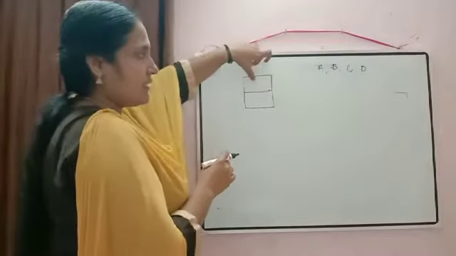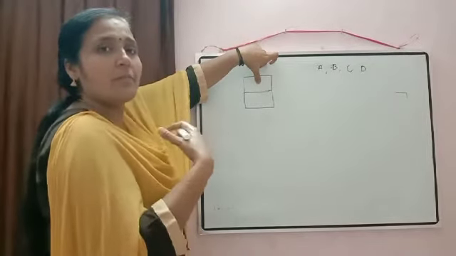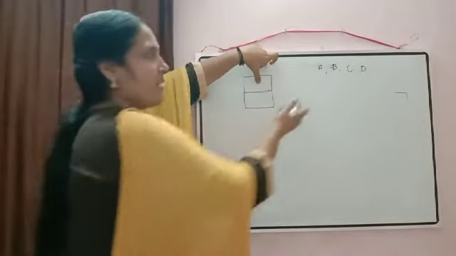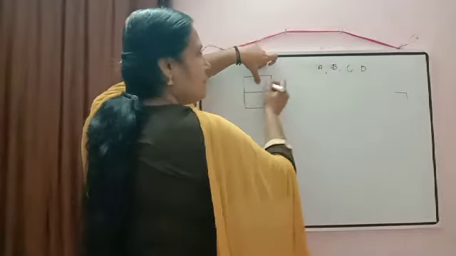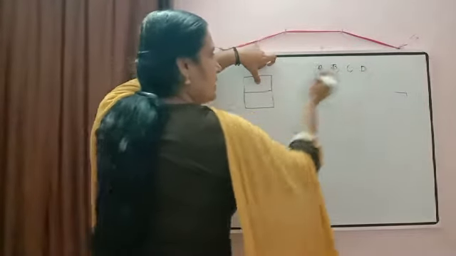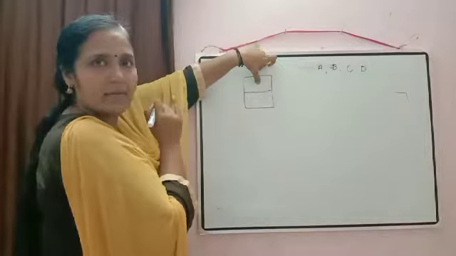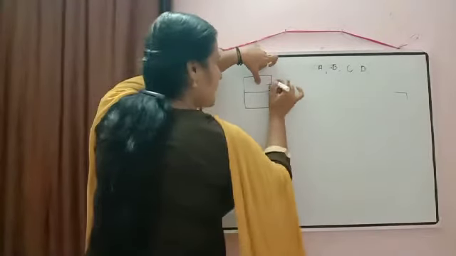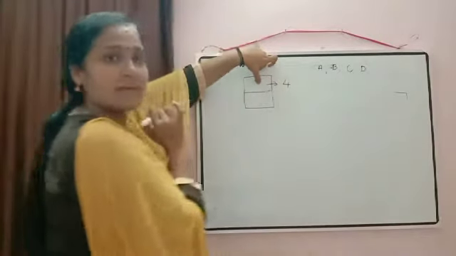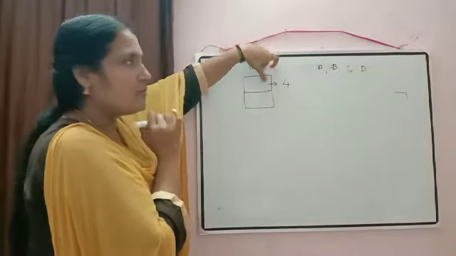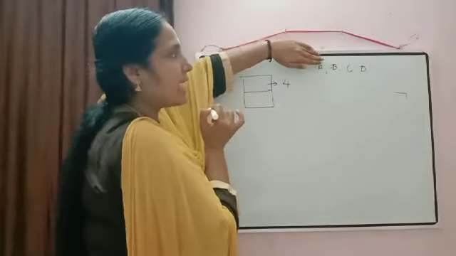Now the first one, the first signal, how many options are available with us? Either flag A can come, flag B can come, flag C can come, or flag D can come here. So this place can be filled in 4 ways. Suppose I used flag A there.